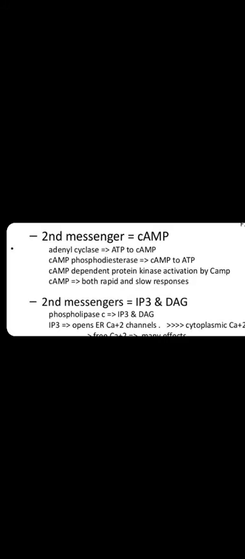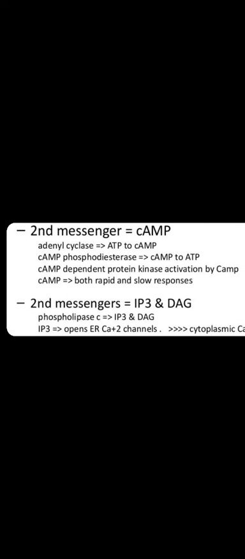Cyclic AMP acts as the signal transducer. Adenyl cyclase converts ATP into cyclic AMP. This cyclic AMP activates phosphodiesterases and cyclic AMP dependent protein kinases, leading to activation of cyclic AMP proteins.